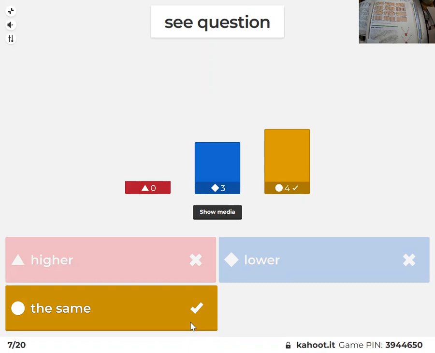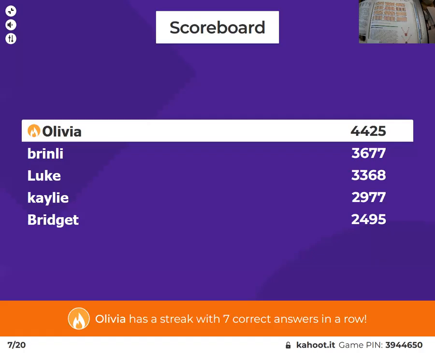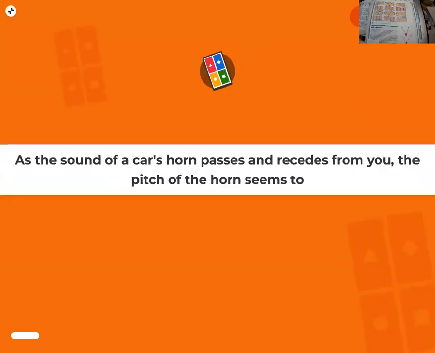That does not change. But if either the source or the observer are in motion, then the frequency of those waves that hit you can change. So the frequency changes, the speed of the waves does not change. So those are some points about the Doppler effect.